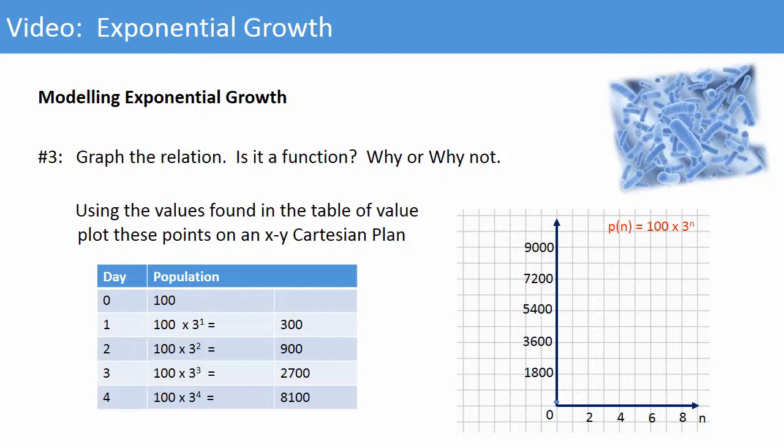So we first plot 0 and 100, 1 and 300, 2 and 900. Now you'll notice it starts to curve as we plot 3 and 2700, and wow, it's gone up very fast at 4 and 8100. This is the shape of an exponential growth function.